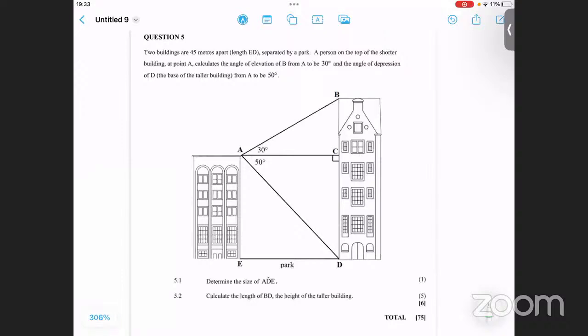So how long do we have to submit the answers? No, it's fine.